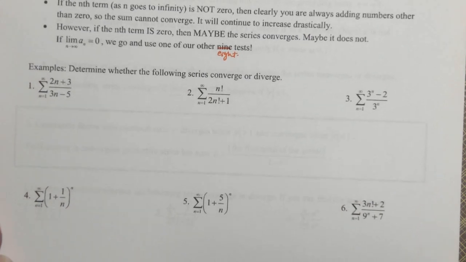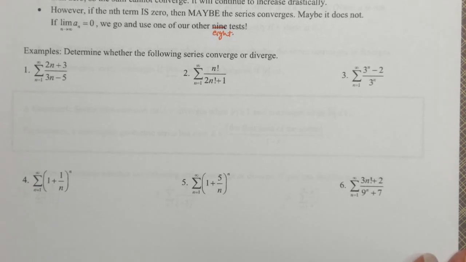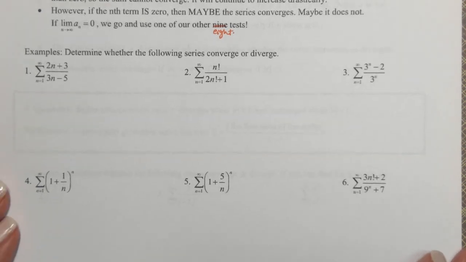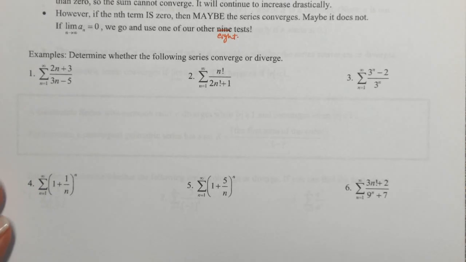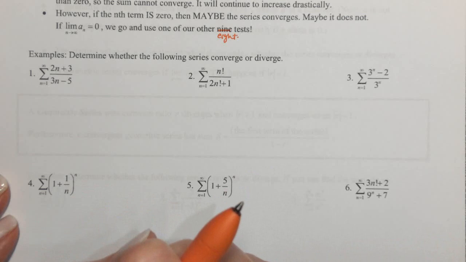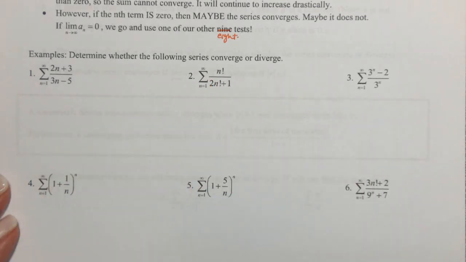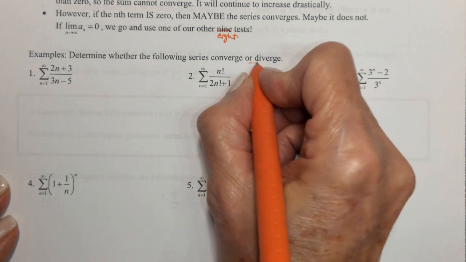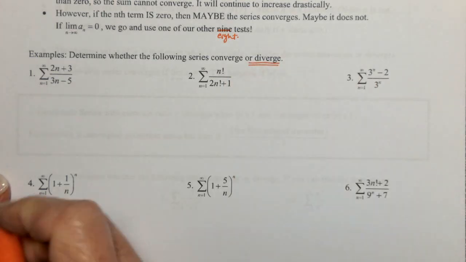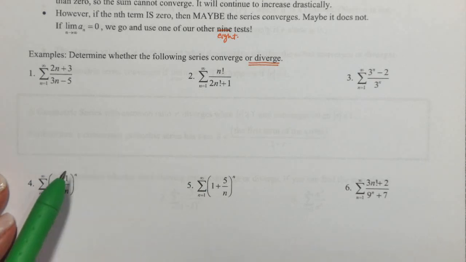Alrighty. Okay, examples. Let's determine whether the following series converge or diverge. This is the way our instructions will read in this unit, and so I kept it that same way, but we only have 1 test right now. We only will be able to show that a series diverges. So we'll need to keep that in mind.